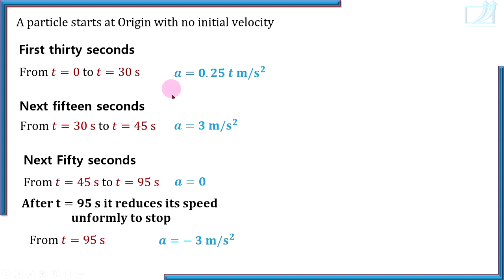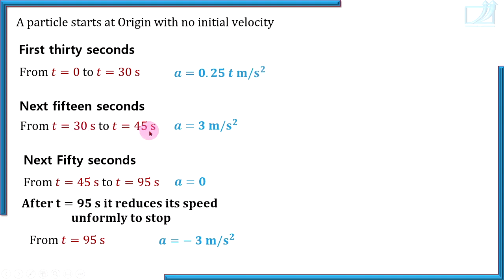Now this is one example in which particle moves in such a way that in different time intervals equations of motion are different. So to analyze such a motion, we use a motion curve approach. Watch here, acceleration is 0.25 t meters per second squared. So first 30 seconds it is variable acceleration motion.